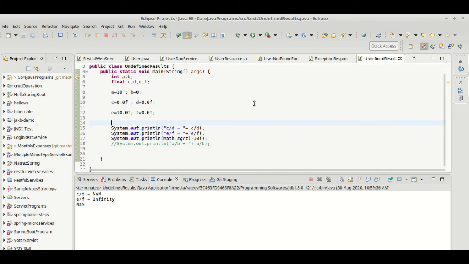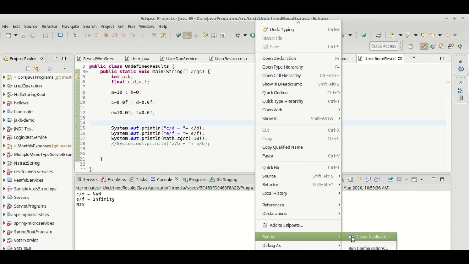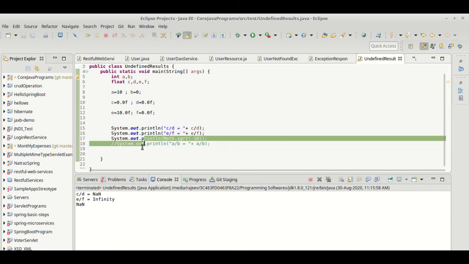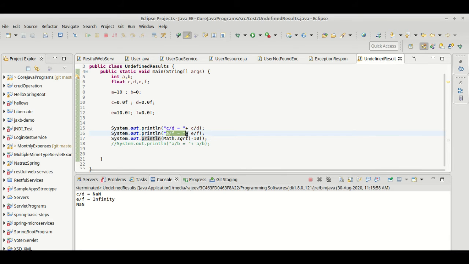Save this, run as Java application. See, c by d is coming as NaN because both are 0.0 and we are dividing them. Now we are dividing e by f. E is 10.0 and f is 0.0, so it is coming as infinity, because we are dividing a float number by 0.0.